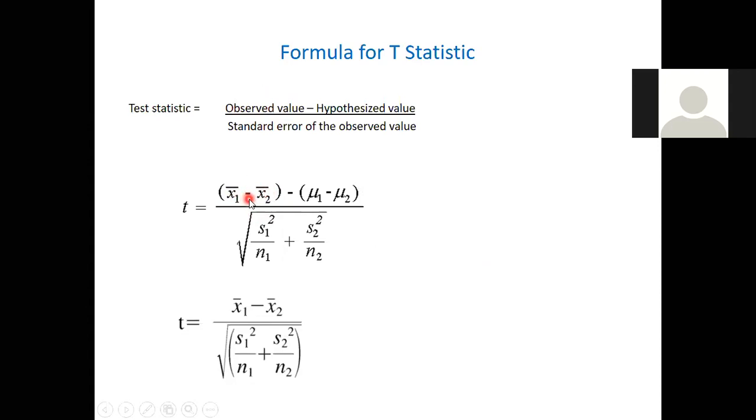The hypothesized difference in the population tells you that the mean of urban minus the mean of rural is this. That is the hypothesized value. So what you are testing, per se, is the difference between the observed difference and the hypothesized difference, observed value minus hypothesized or expected value.